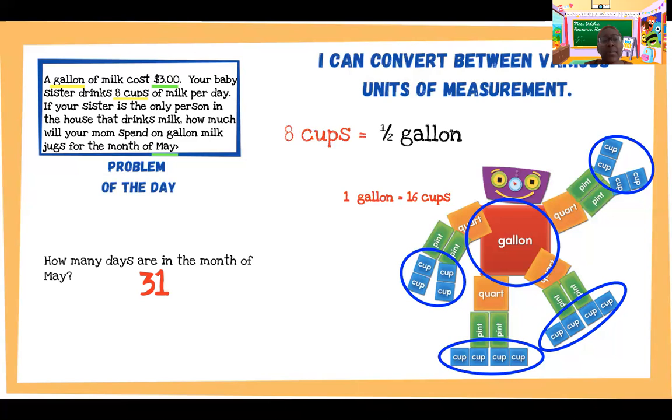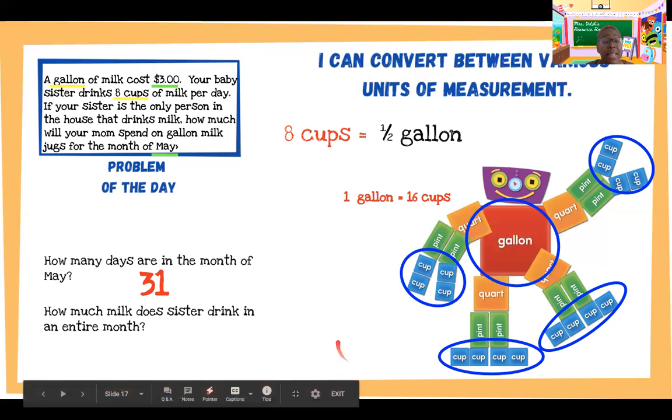Well, what other important pieces of information do we need to know in order to solve this problem? How about how much milk our sister drinks for the entire month? Well, how would we go about solving that? Let's think. Well, if the sister is drinking milk every day and there's 31 days in the month, and every day she drinks half a gallon of milk, what should we do to get our answer?